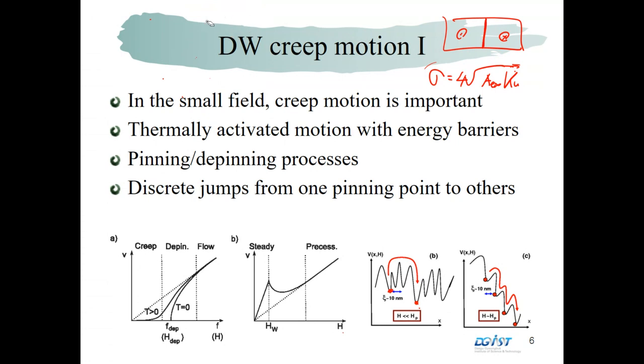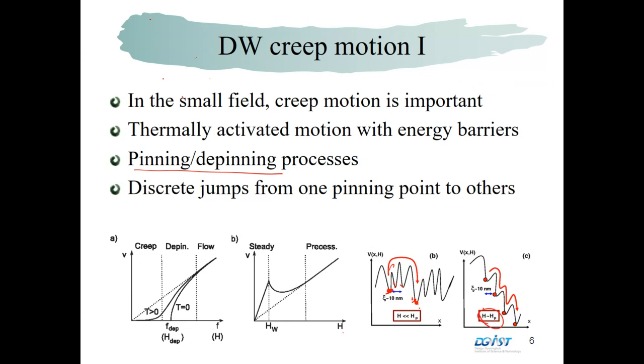This can happen in any sample. If your sample is really perfect, there is no pinning site, but in reality we always have such defects for many reasons. So somehow we have such pinning sites. Then the domain wall motion is mainly governed by the pinning and depinning process, and as a result we have a dominant creep motion.